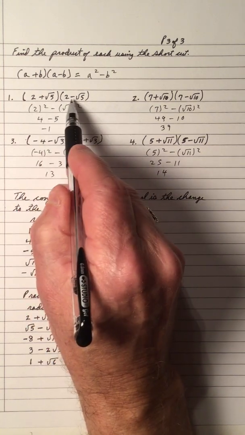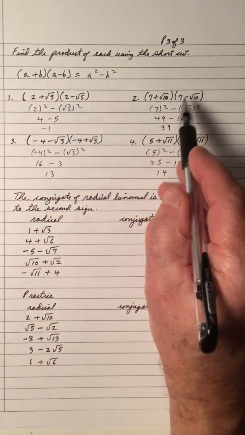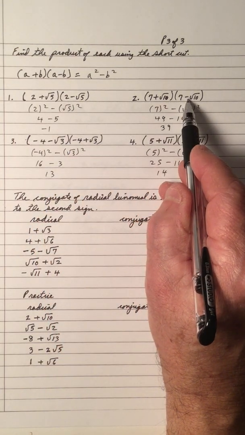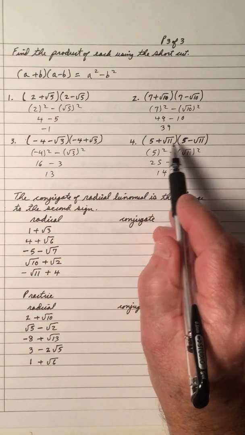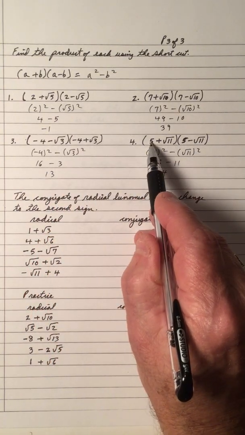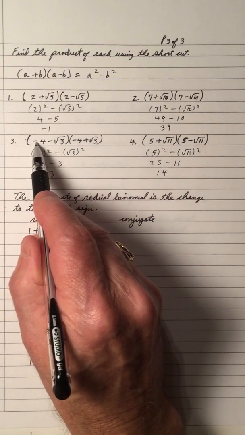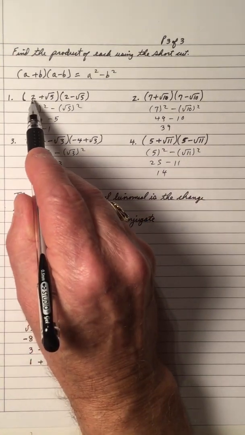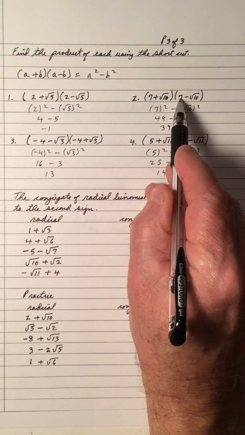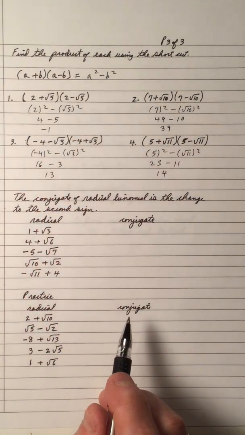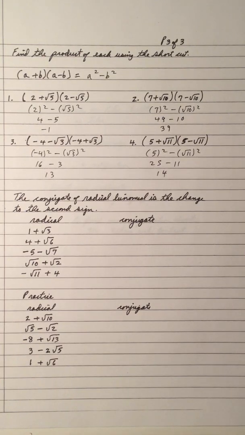Notice the second sign is changed: plus to a minus, minus to a plus, plus to a minus. But the first sign is not changed, in each case. When that happens, we say we are multiplying by the conjugate.